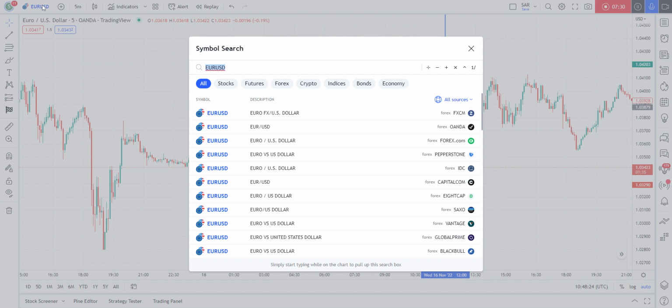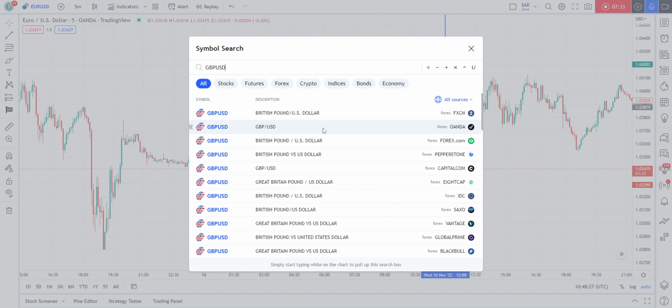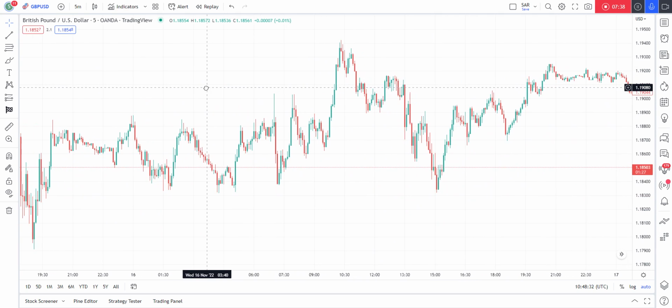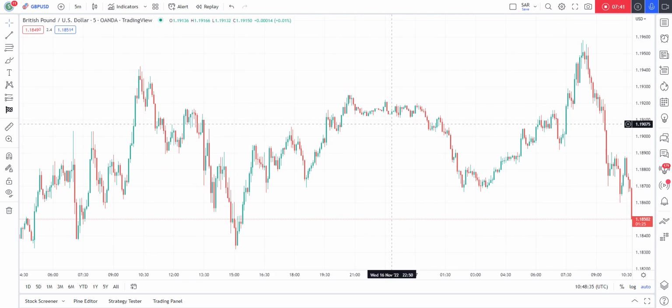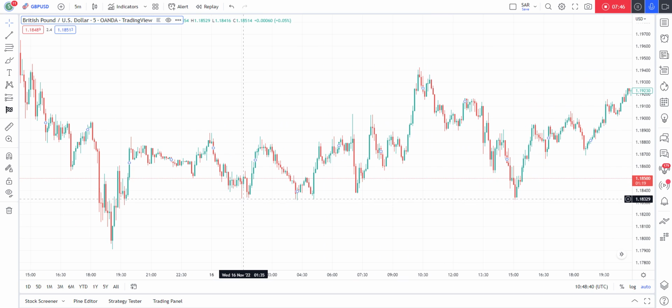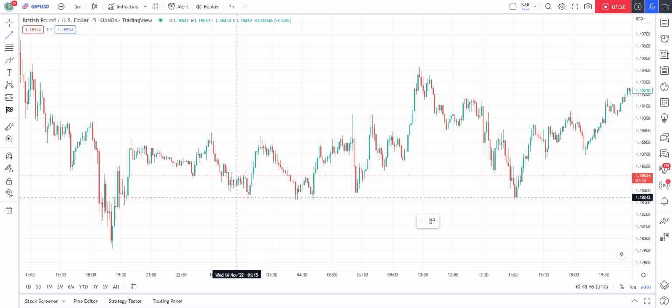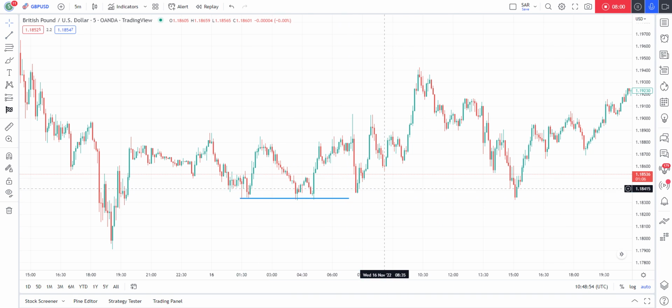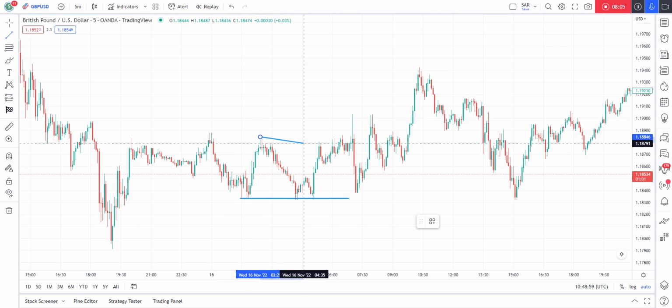Let's have a look at the pound dollar. So let's pick up a trade. Where was 1 o'clock UK time? It's right about here. But we make another low, so the low will be around here, and 2:30 is roughly around here. So this is the trade.